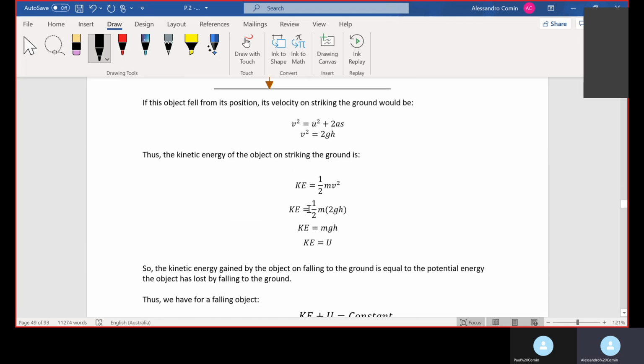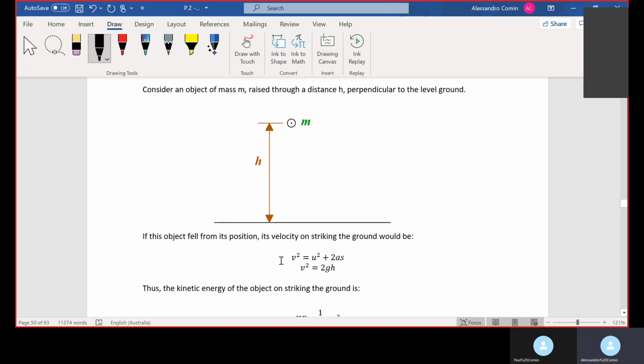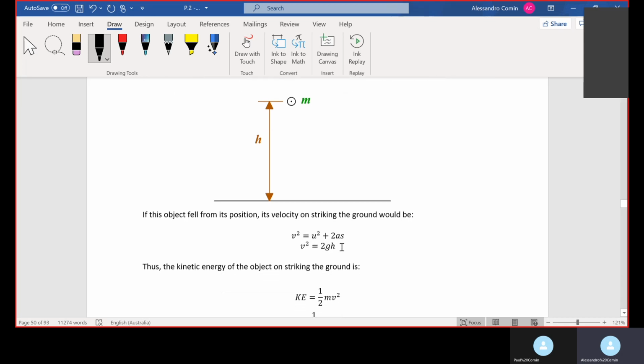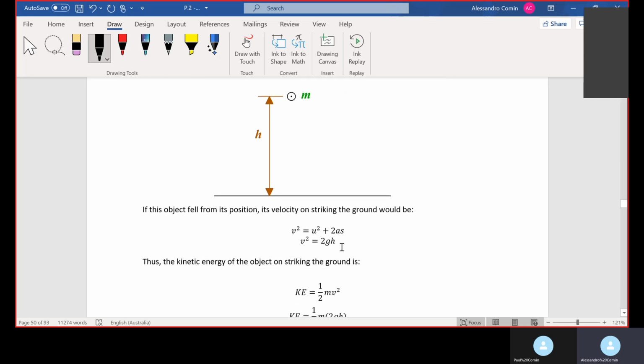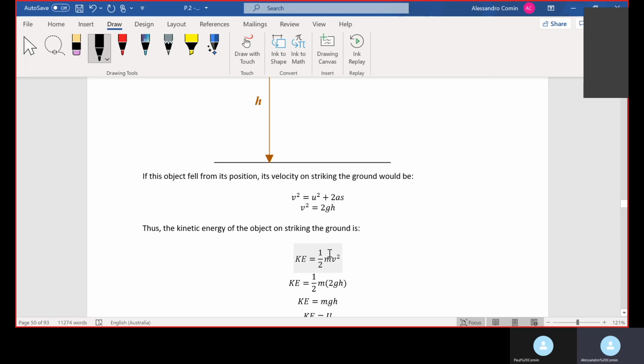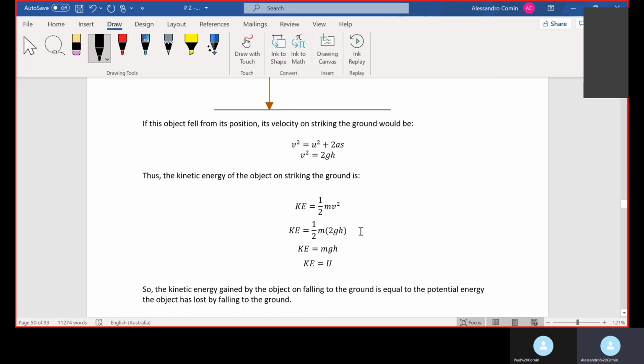Once again, we can see how these are actually linked. Say we have v squared = u squared + 2as, just a normal velocity equation. If you drop an object, u is going to equal 0 and a is going to equal g, so v squared is actually equal to 2gh. If we plug this into the kinetic energy formula, we have half mv squared, but v squared is 2gh, so it's half m 2gh, which is just mgh.